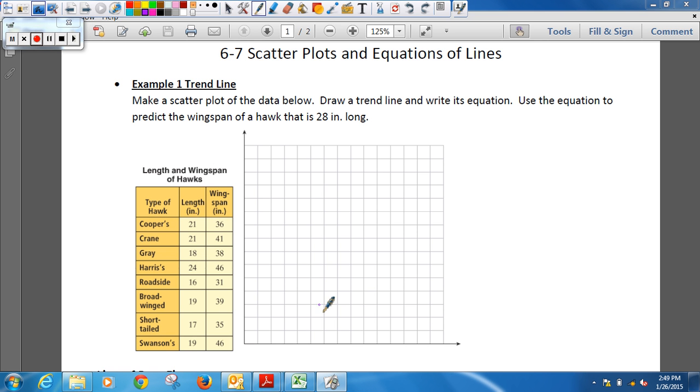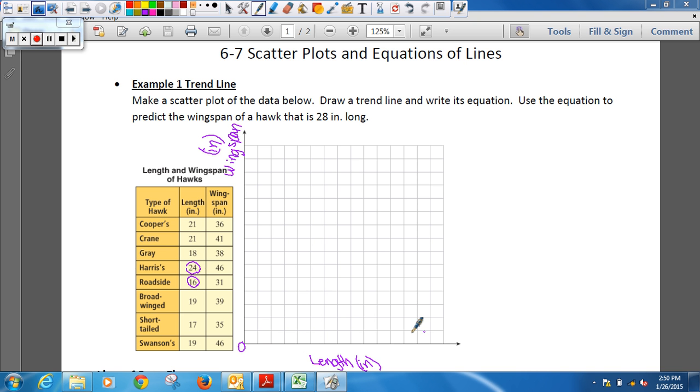My length in inches is going to be my x. My y is going to be the wingspan in inches. And then I have to look over here to figure out the scale and what will work. Well, my smallest number here is 16, and I have to go up to the largest number of 24.